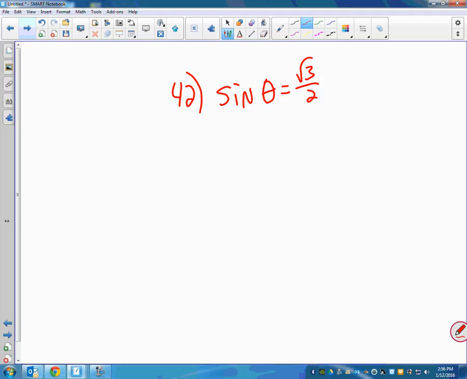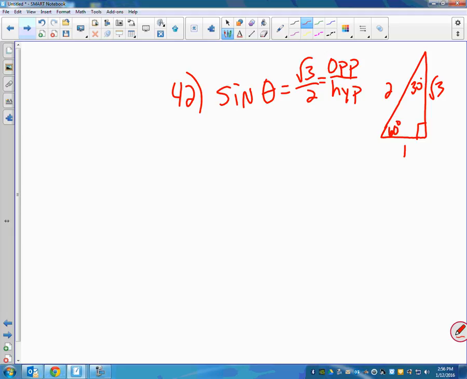And again, when I see that, and I know that sine is opposite over hypotenuse, I know that I'm again in a 30, 60, 90 triangle. And so I know that's 1, 2, square root of 3. So I just have to figure out, is 30 degrees sine radical 3 over 2, or is 60 degrees?